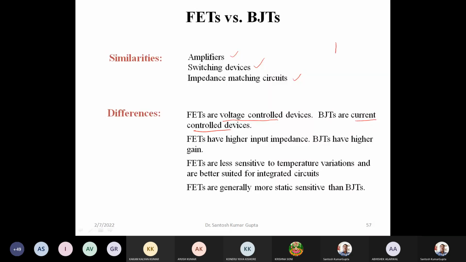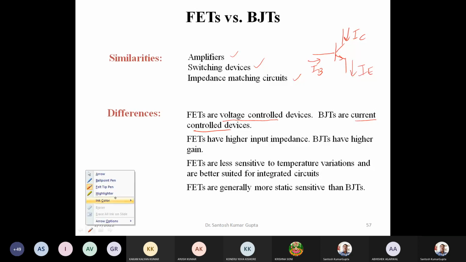In the BJTs, as we have already discussed, we can change the current based on the input current IB, the base current, or we can also change IC by changing IE. So here we mainly talk about the currents.